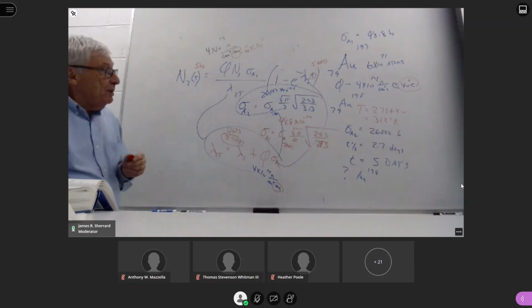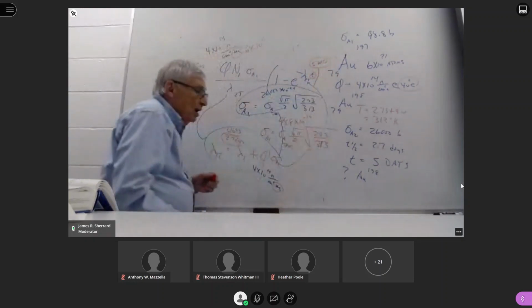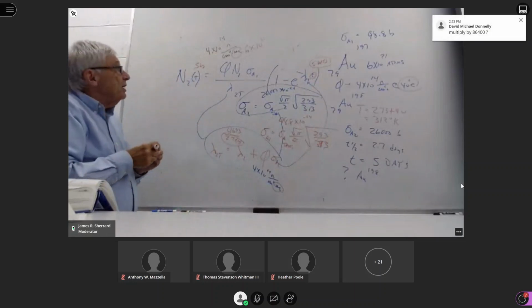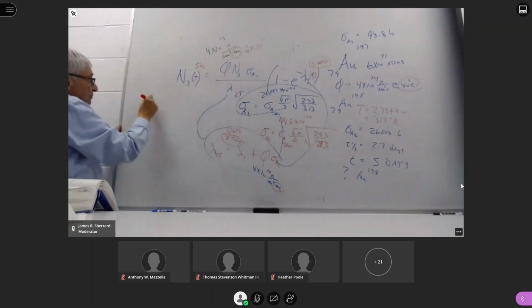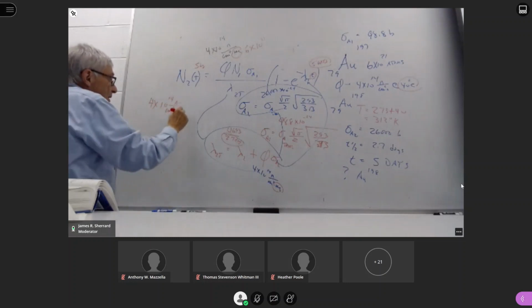And what I would probably recommend is, since we're looking for something in days here, I would probably correct all of the seconds to go to days. So if I take this one and I'm just going to put it down here, we have 4 times 10 to the 14th neutrons per square centimeter per second.